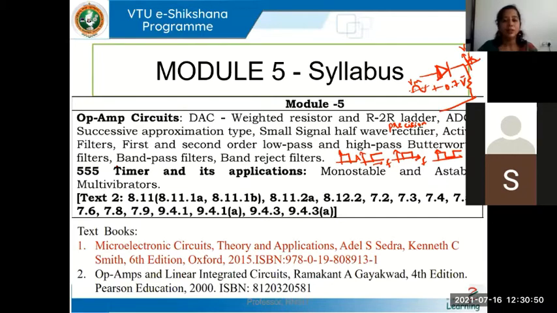So rather than using this 741, a pair of that and a flip-flop and transistors and all, they thought if we can make an IC out of all this combination, we could call it a timer IC.